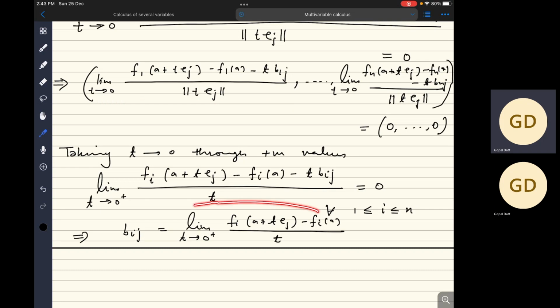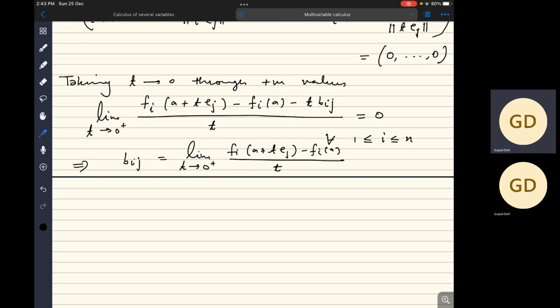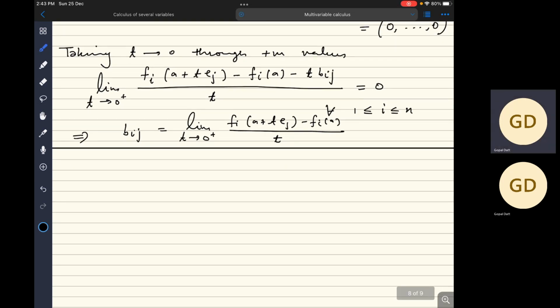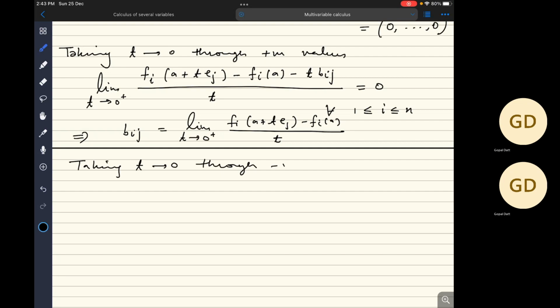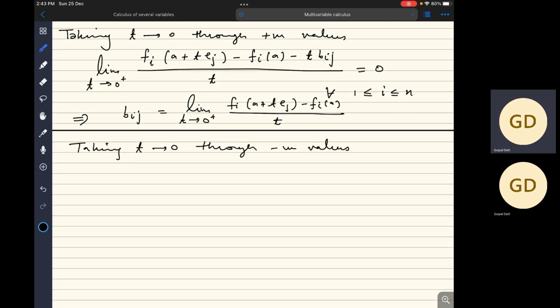So this thing should be equal to bij for the left hand limit also. Okay, now taking t to 0 through negative values. So what do we get?